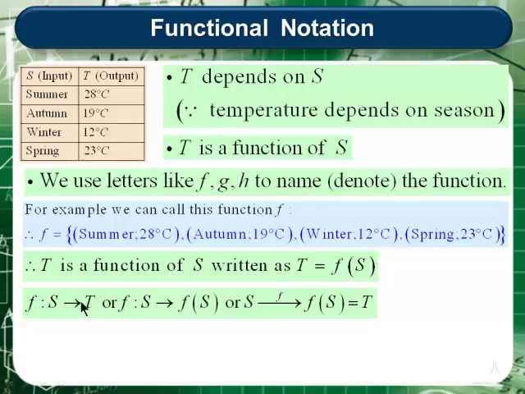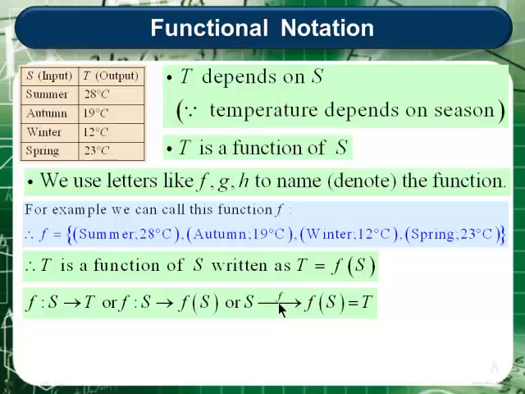Here are some equivalent notations. The function F maps the season onto a particular temperature, or if you have the function F, then the season S is mapped onto a particular output, F(S), which in this case is the temperature.